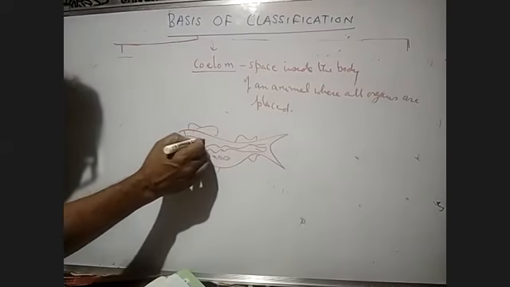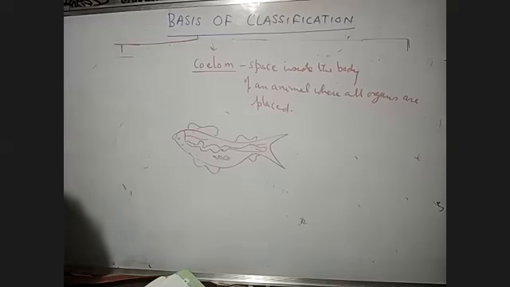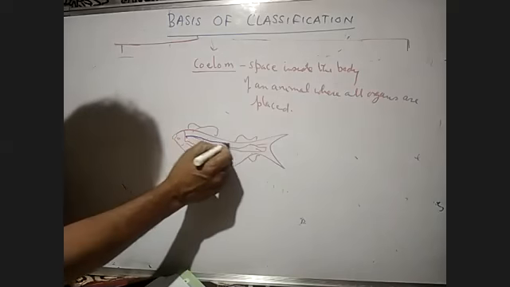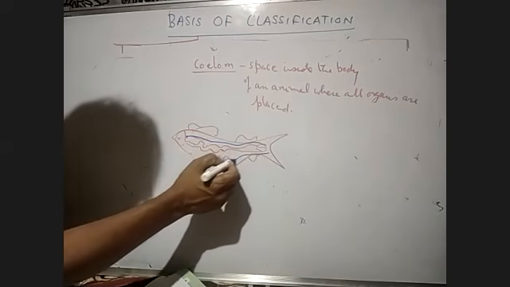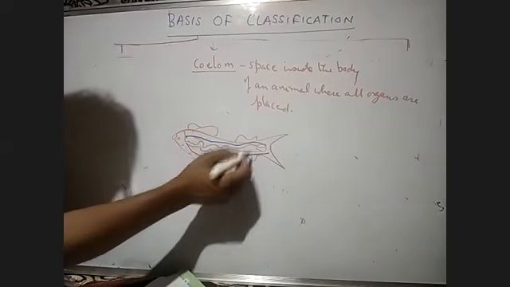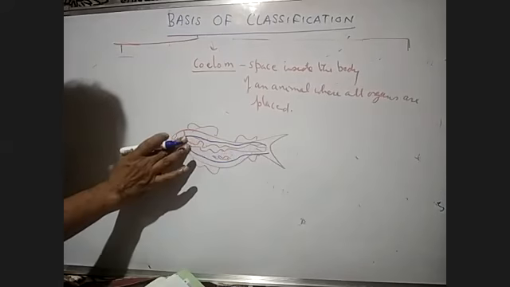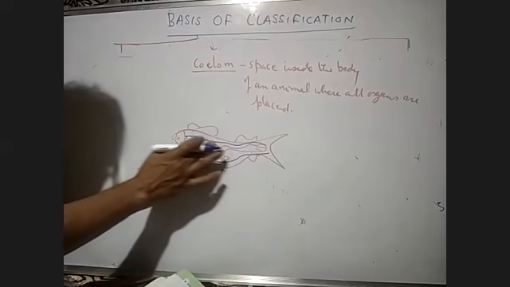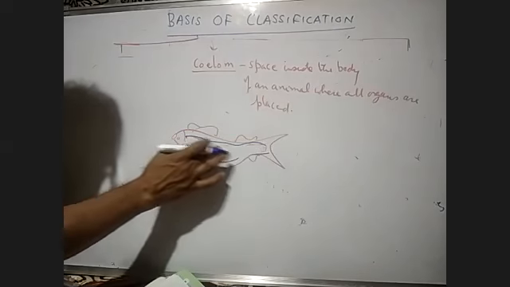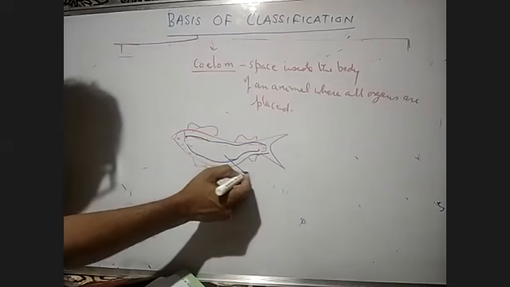Inside we get a space. In this space we find all the organ systems. If you remove all these organ systems, you find a space inside. And this space inside is called the coelom.